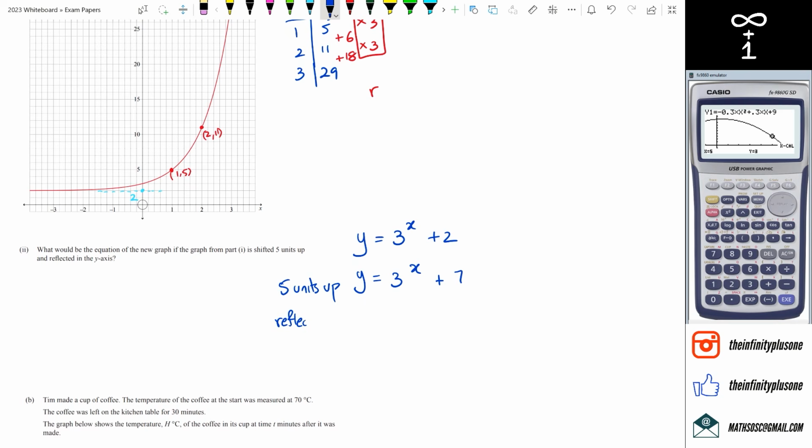Reflected in the y-axis, I'd probably put it as y equals negative 3 to the power of negative x plus 7, or equivalent. Yeah, I would have just given them y equals 3 to the power of negative x plus 7 as full excellence. I wouldn't need to have both transformations there, but that is an excellence question.